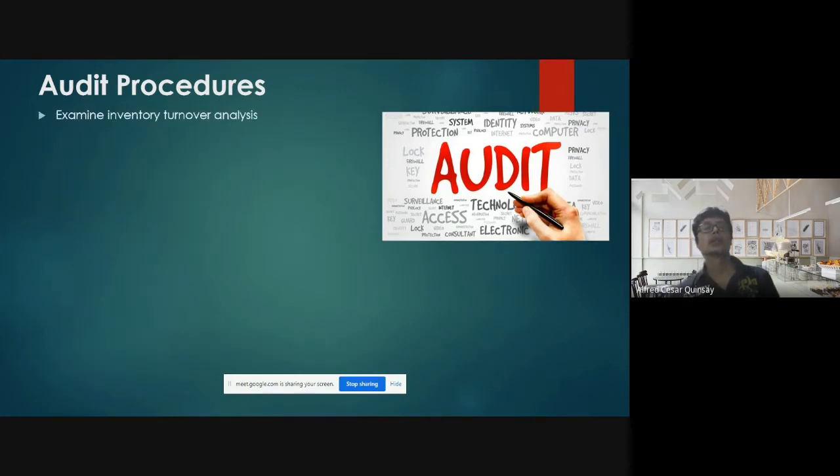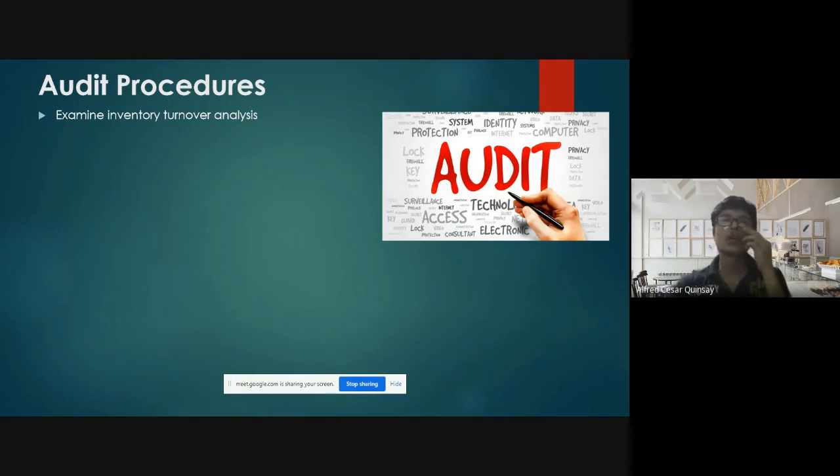Yan. So next is examine inventory turnover analysis. Like we said a while ago, when we talk about inventory, you're talking also about yung operating cycle ng company. And when you say operating cycle, you're talking about from cash, tapos bibili ng inventory, and then ibebenta na yan, and then after selling it, magiging accounts receivable na yan, tapos back again to cash.